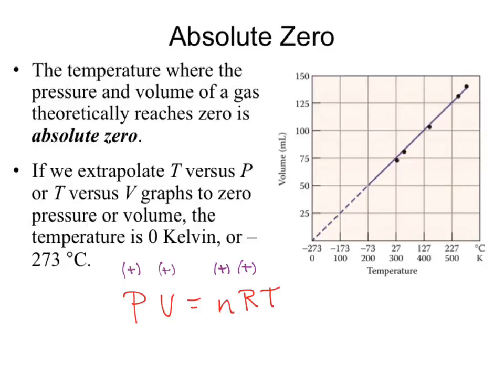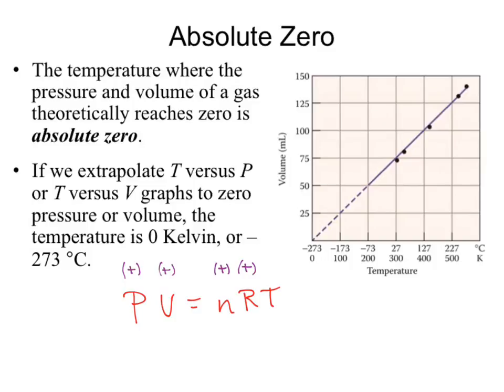If our pressures, volume, moles, and the gas constant are positive, the temperature by definition has to be positive, which is one of the reasons why degrees Celsius doesn't work within this expression, because degrees Celsius gets you a negative value. Okay? So we have to be running in a new temperature unit, or an absolute temperature scale. And when we're referencing that absolute temperature scale, we cannot be negative.